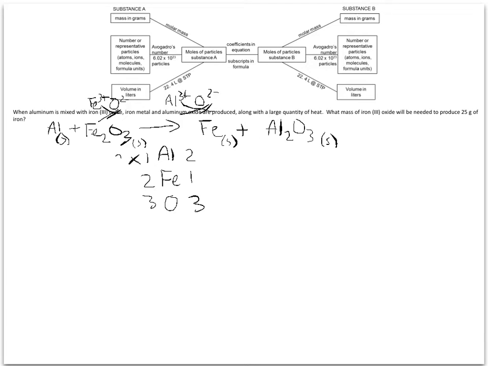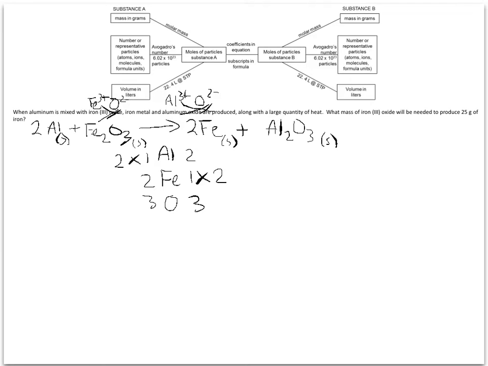So if we multiply the reactant side aluminum by 2, that balances both sides, and if we multiply the product side iron by 2, that balances that one as well. Okay, so our balanced equation is 2 aluminums plus 1 iron 3 oxide yields 2 irons plus 1 aluminum oxide.